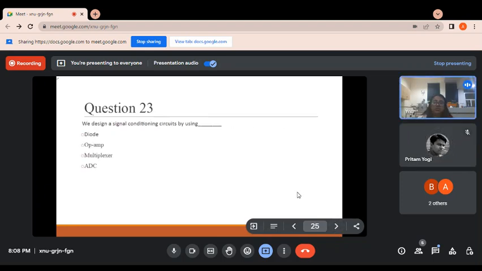And we design a signal conditioning circuit by using, what is the right answer: diode, op-amp, multiplexer or ADC? Okay, Banala Sindhu, what is the right answer?